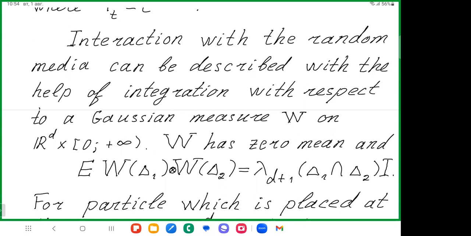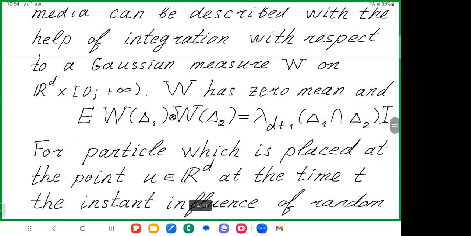And suppose that W has zero mean and is such that, here is a tensor product because W is a vector measure, the expectation of such a tensor product is equal to the Lebesgue measure of the intersection of Delta_1 and Delta_2 multiplied by the identity matrix. It means that coordinates of W are independent, equidistributed, and W has independent values on disjoint sets.